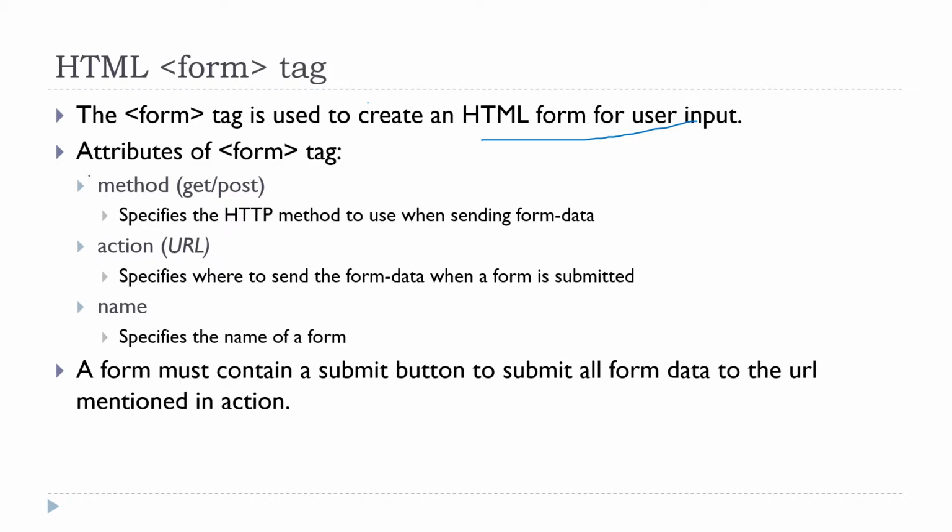The attributes for the form tag that we will be using are the method, get or post, and the action, which is the URL on the server where the form data is going to be submitted, and the name of the form. The form must always contain a submit button, because if there is no submit button, then the form data will not be submitted. That is why a form should always contain a submit button.